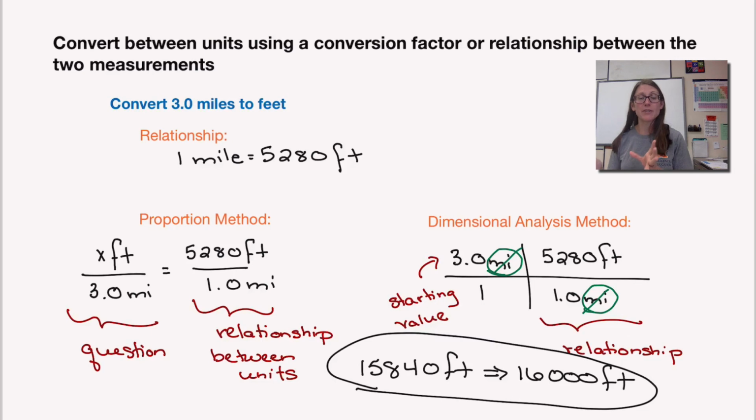If dimensional analysis made more sense to you because for some reason proportions aren't your thing, go find the dimensional analysis video and I'm going to talk you through more details of all of that. And find the one that makes sense and make sure by the time you're done watching the videos that it makes sense. And that's the one that you'll stick with as we work throughout this school year.